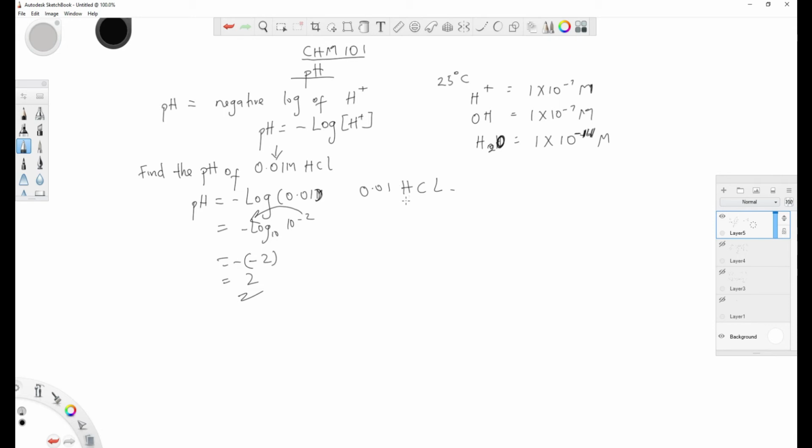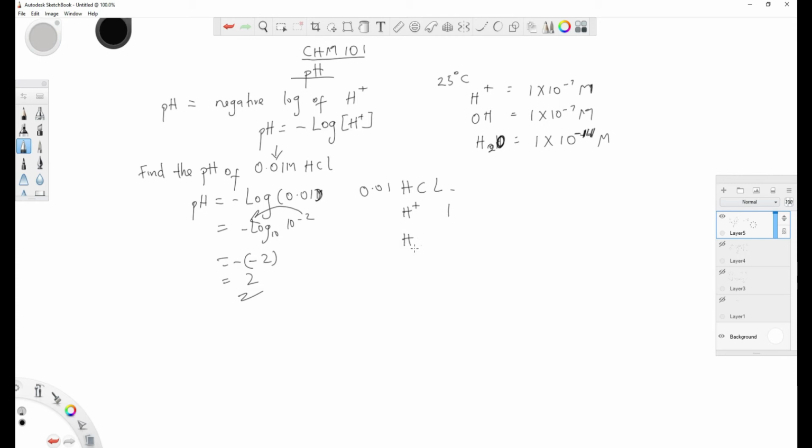Basicity is actually the amount of hydrogen ion in the substance. So the basicity of HCl is 1, because the hydrogen ion is also 1 here.